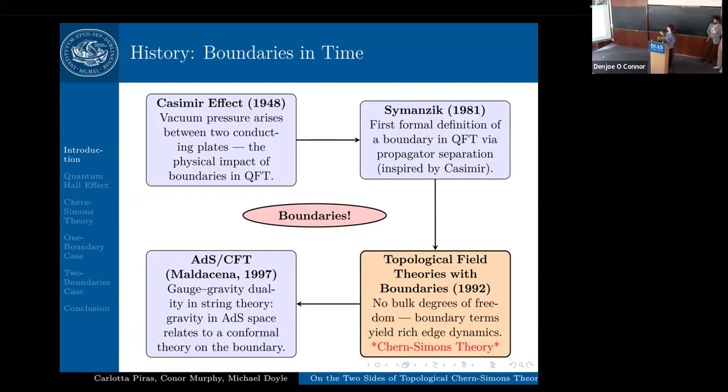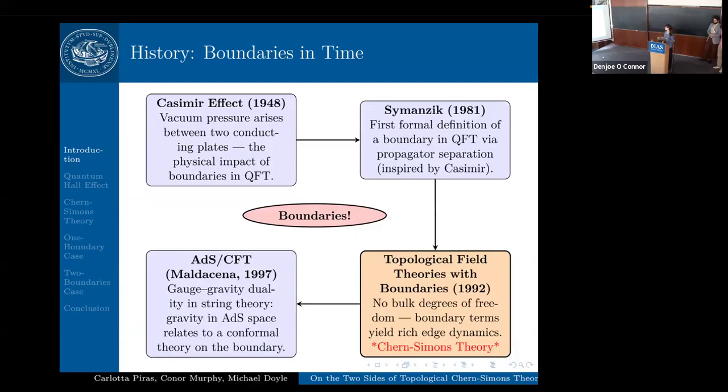And then we get to topological field theories with boundaries, which is our focus today for the case of Chern-Simons. And generally speaking, topological quantum field theories have no local degrees of freedom, but when we add the boundary, these will yield a rich edge dynamics, and that's what we're going to analyze later.